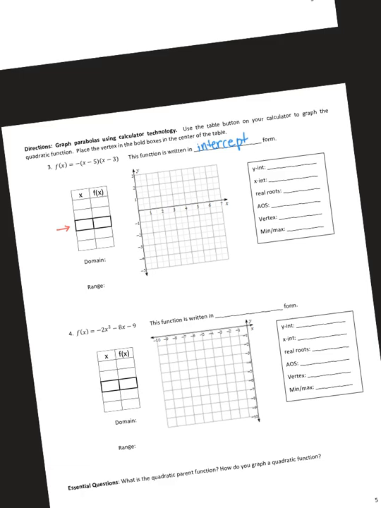Okay, so in this particular case, when you're looking at your table, your flex point, the point where the graph starts turning back around, should be where x is equal to 4. So hopefully you are seeing the graph turn when x is equal to 4. When x is equal to 1, your table tells you that f of x, or y, is equal to 1.